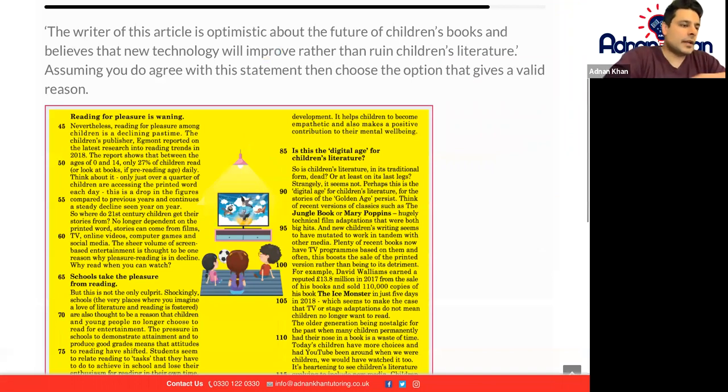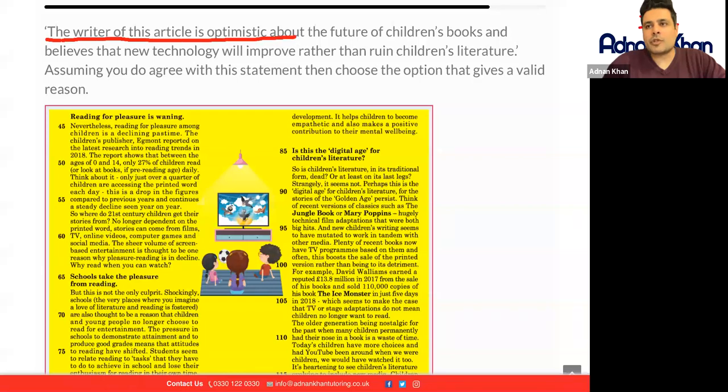And now we're on the last question. The writer of this article is optimistic about the future of children's books and believes that new technology will improve rather than ruin children's literature. Assuming you do agree with this statement, then choose the option that gives a valid reason behind it. So again, the writer of this article is optimistic.